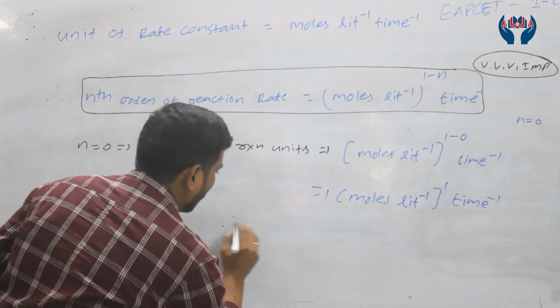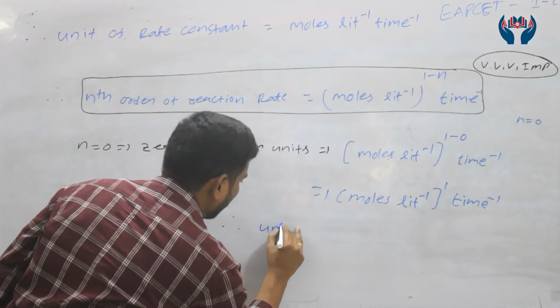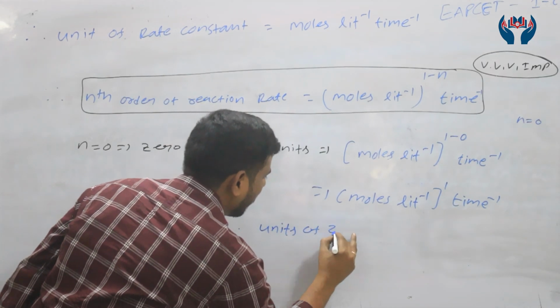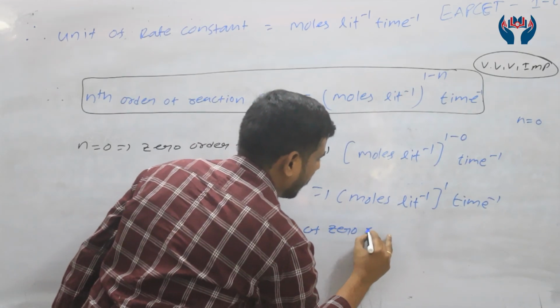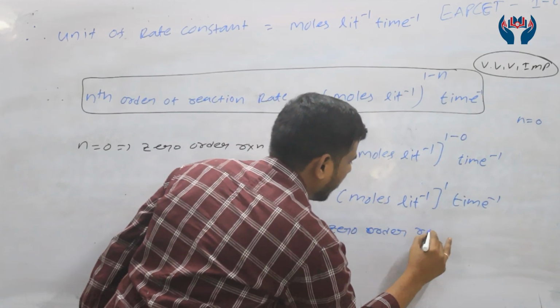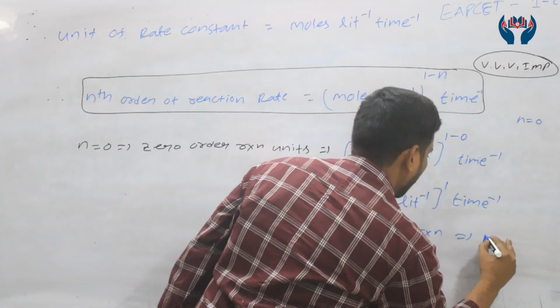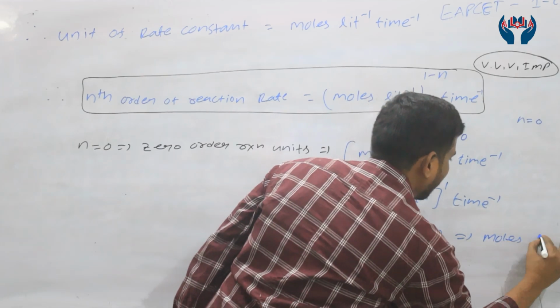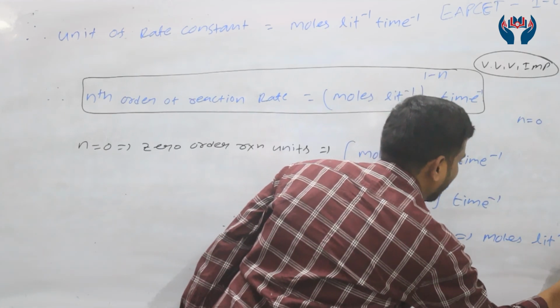Therefore, the zero order reaction units equal moles per liter per time.